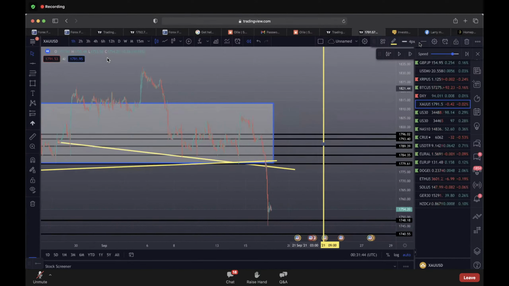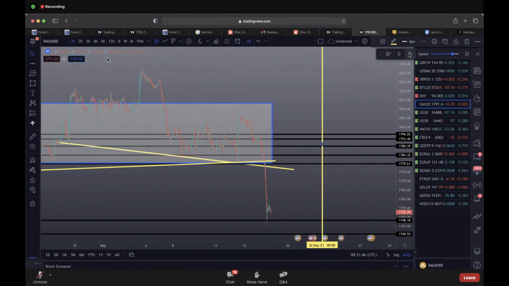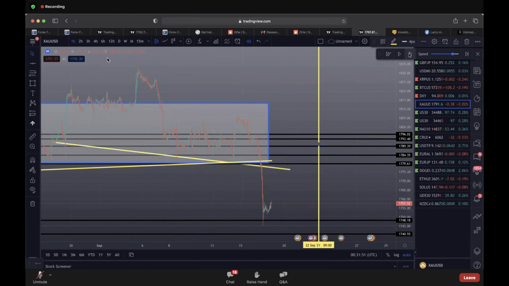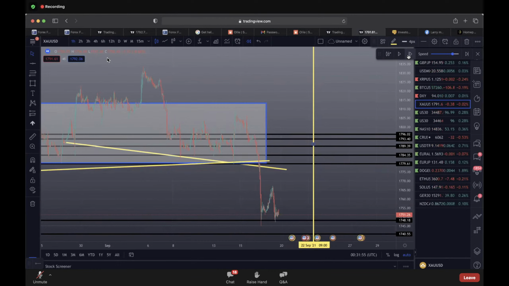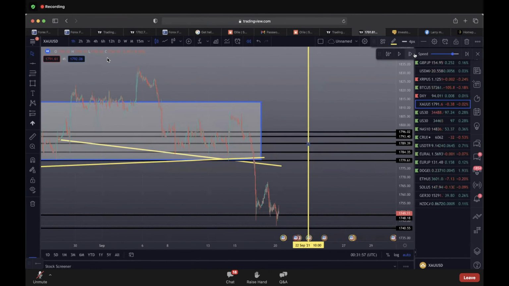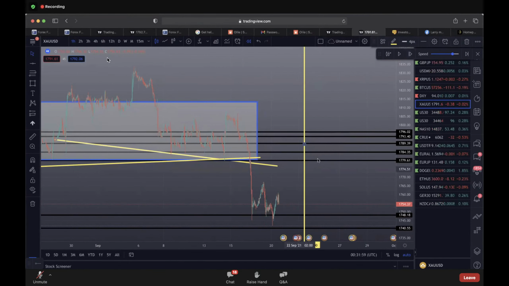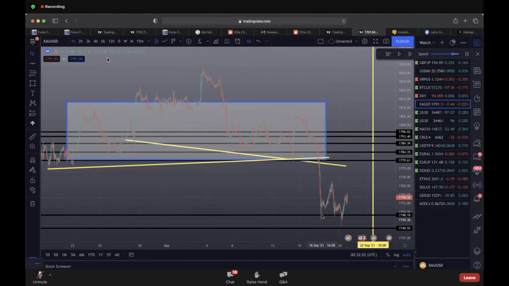All right. Now let's see. Okay, and even if you did here, right? Whatever it hit, but even if you did here, this level, your stop loss is in profit.